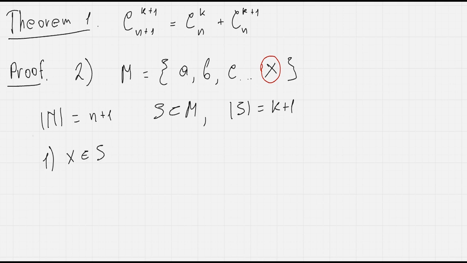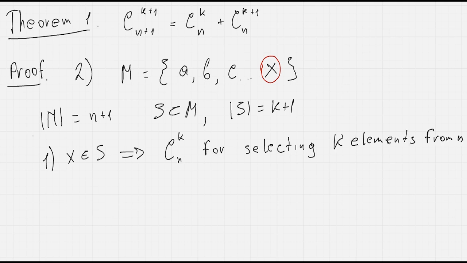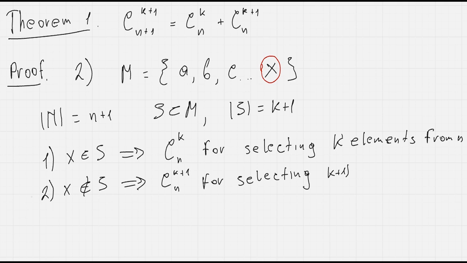If x is included in the desired subset, then we have to select k elements from the remaining n elements. There are C(n, k) ways to do this. If x is not included in the desired subset, then we need to select k plus 1 elements from the remaining n elements. There are C(n, k+1) options for this.